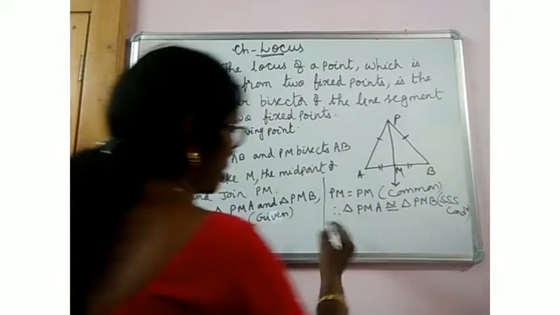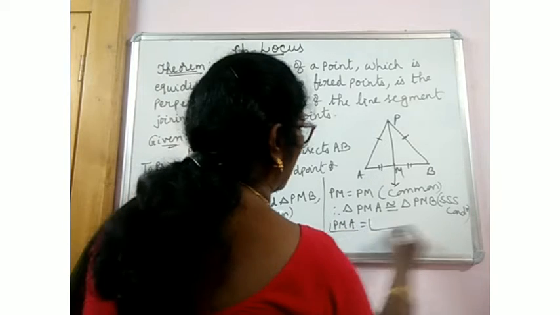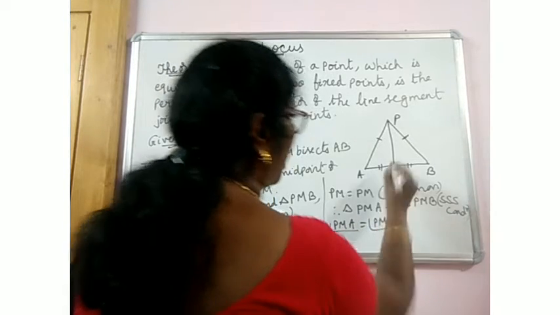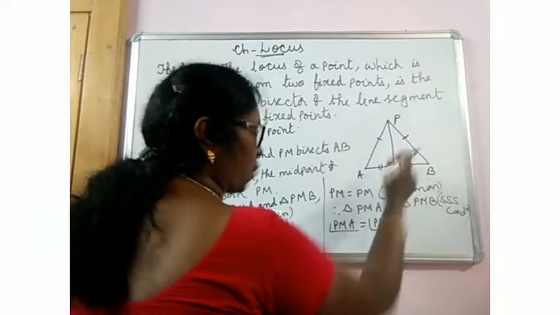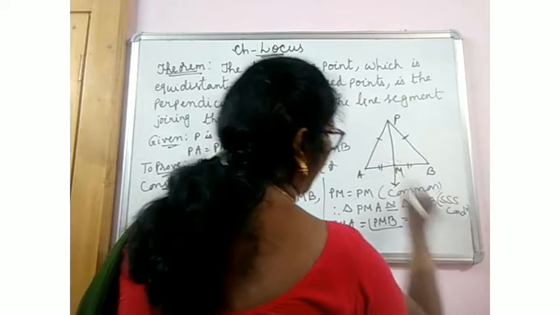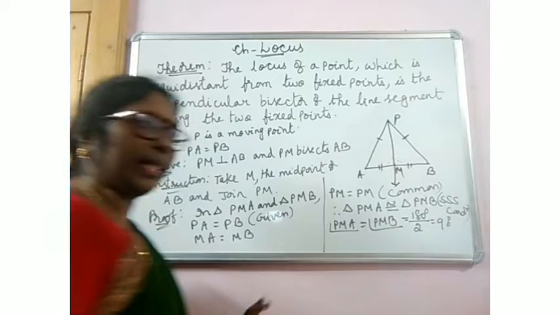Once they are congruent, by CPCTC, angle PMA is equal to angle PMB. But we know that the sum of these two angles is 180 degrees. So angle PMA is equal to angle PMB, that is 180 by 2, which is 90 degrees.